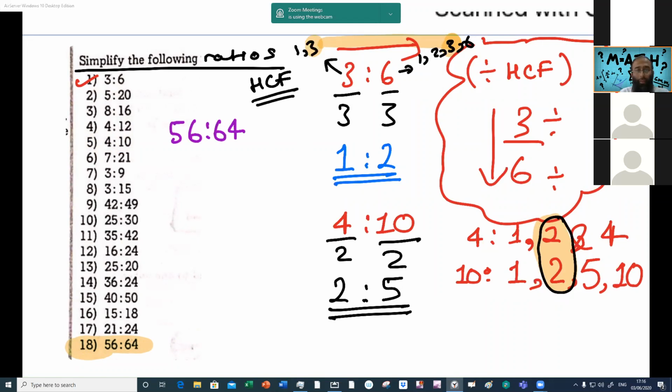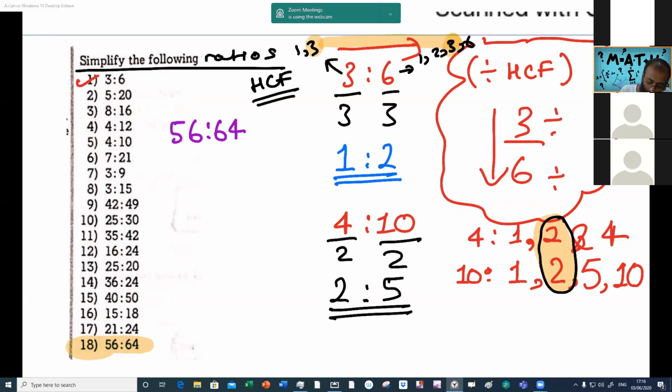All right. Number 18. So now, rather than looking at all of the factors of 56 and all the factors of 64, does 56 and 64 sound familiar? What times tables are they in? Think. If you know your times table, it's a times table that is bigger than 6. What times tables are they both in? 64, come on, 64.